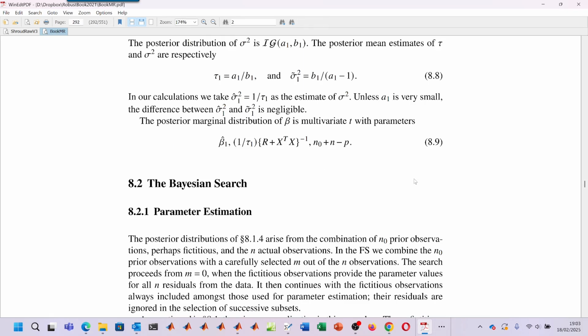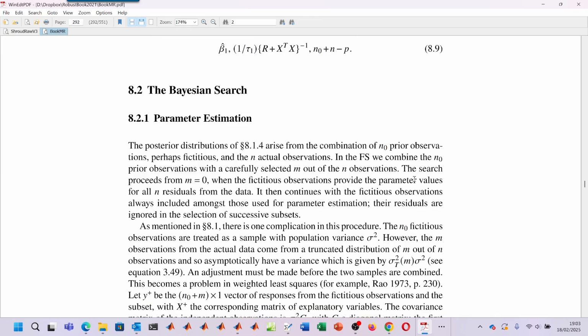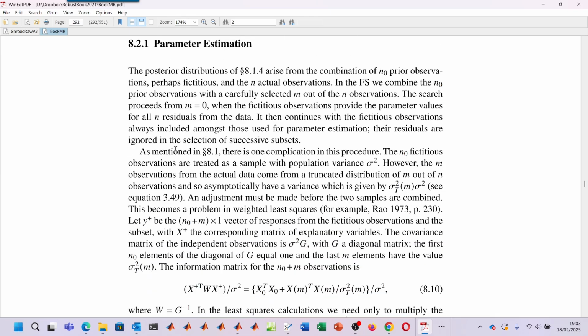However, there is one complication in this procedure when we come to consider it for the forward search. The n0 fictitious observations are treated as a sample with population variance sigma squared. However, the m observations from actual data come from a truncated distribution of m out of n observations, because in the search our m observations are those which fit best the model.